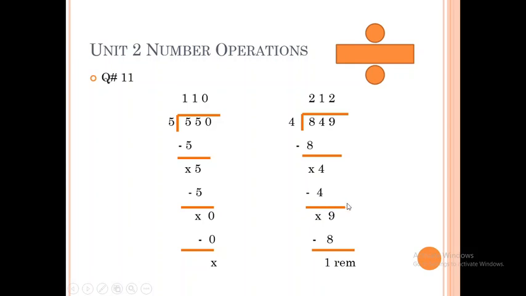Then again the same step, subtraction, nothing is left. The next number to be divided is 9. Copy 9 here. Read the table. 4 2s are 8. 8 is here. Then you will do the subtraction. 9 minus 8, 1 is remaining, so this 1 is the remainder.